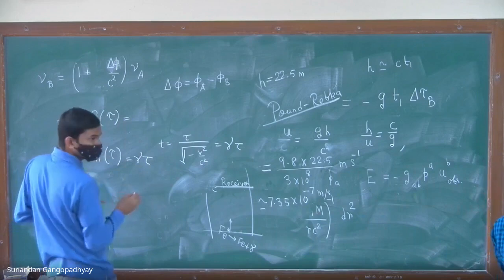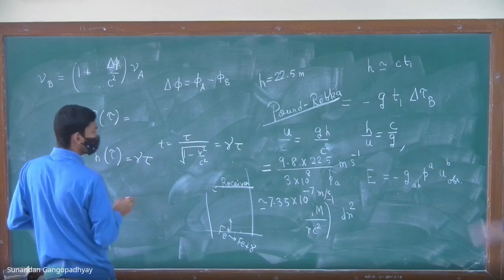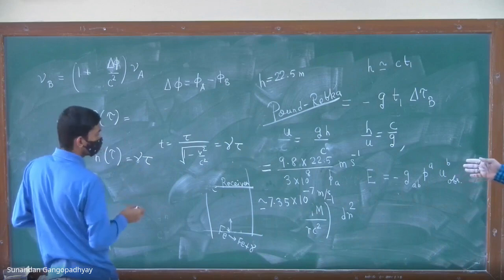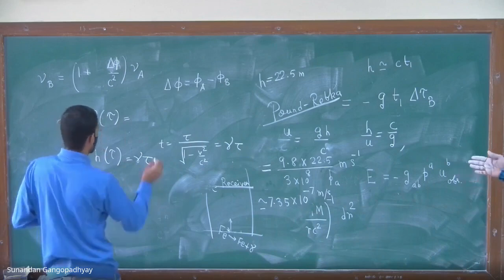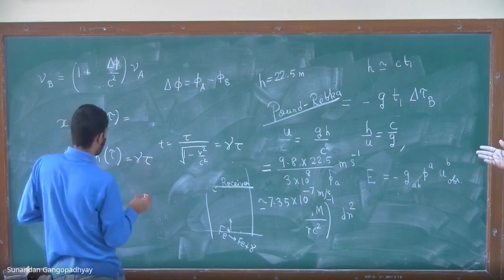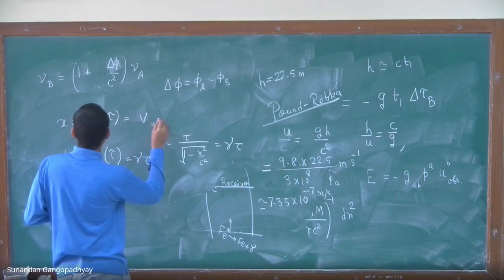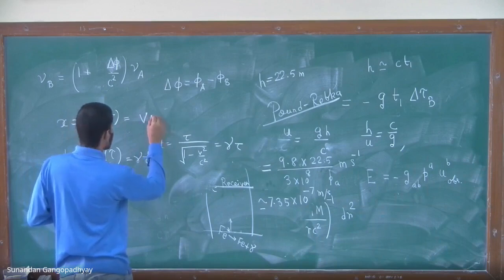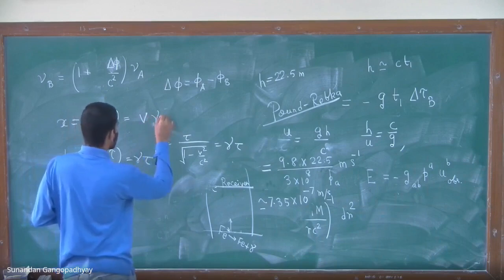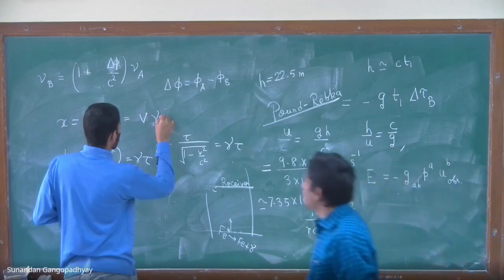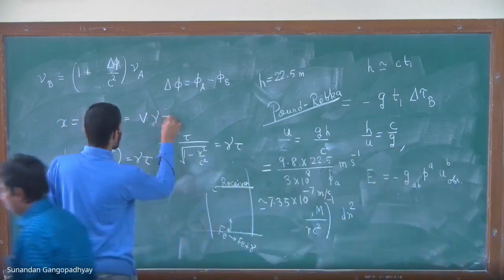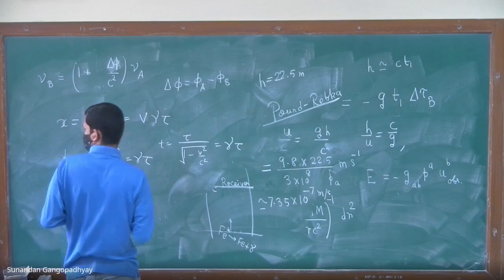The first one you wrote is correct, because that follows from the special theory of relativity, time dilation. So tau is proper time, tau must be smaller than t. So t is equal to gamma tau. Correct.